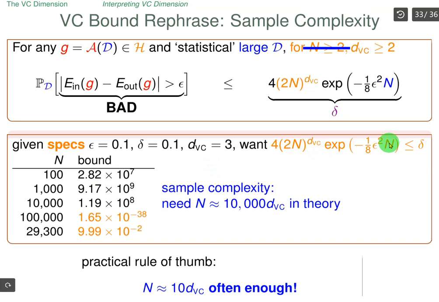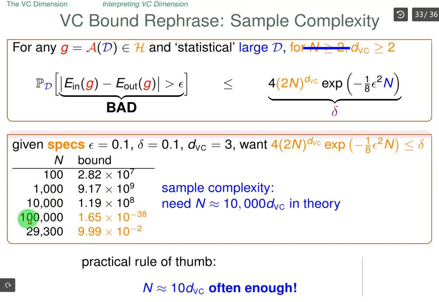You just plug in and calculate this one, or 1,000, 10,000, 100,000, or 29,000. As you can see, if we increase the number of training examples, eventually we get a decrease in the bound.